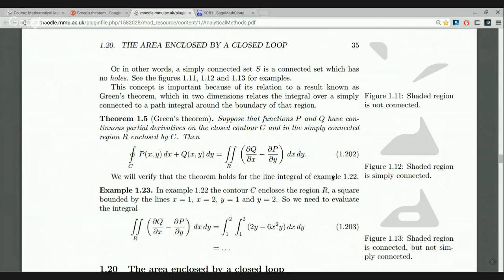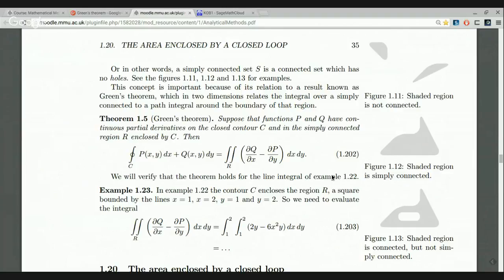One way of thinking about the difference between a simply connected region, such as the middle one, and a non-simply connected region, such as the bottom one, is to think of the boundary curve. The boundary curve of the simply connected region in the middle is just a simple closed loop with one component.